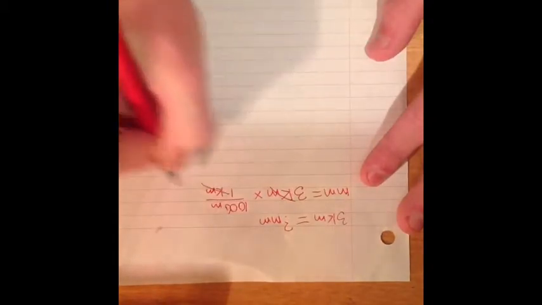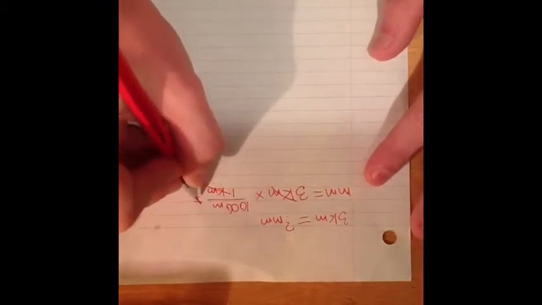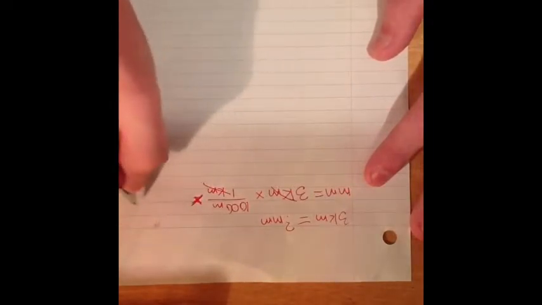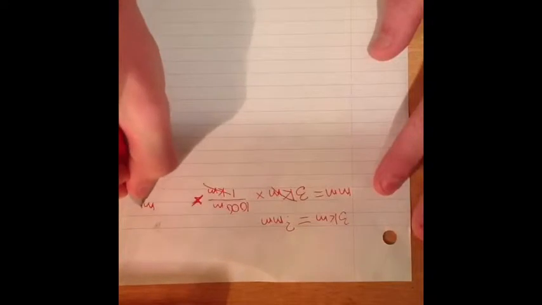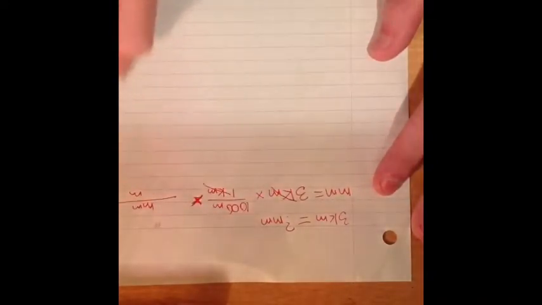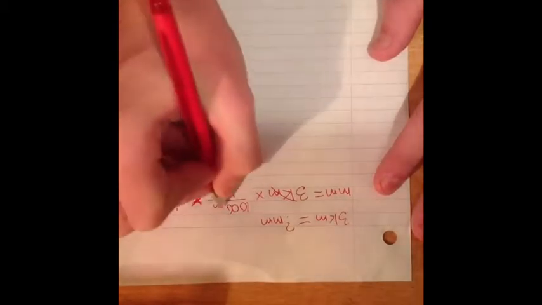So those cancel out, and then you're left with, and then you want to multiply that to millimeters, so you would have millimeters over meters, because again you want the meters to cancel. You'd have 1,000 millimeters over 1 meter.